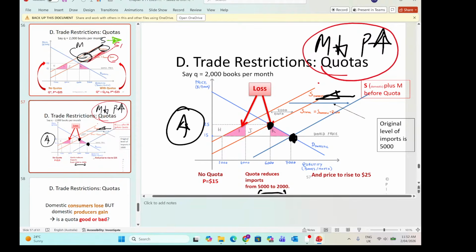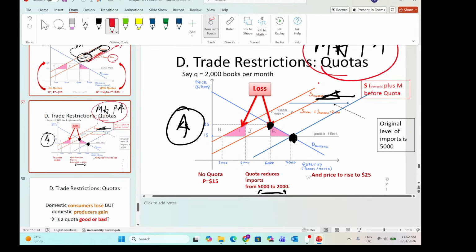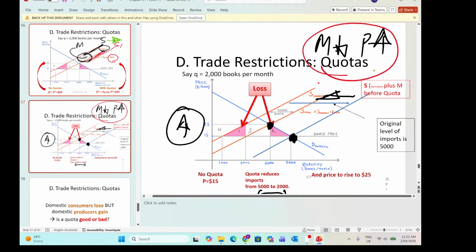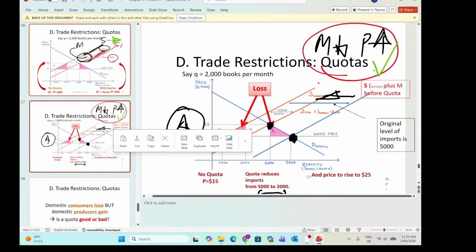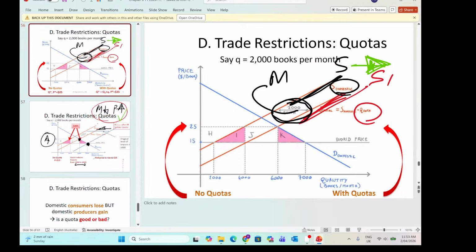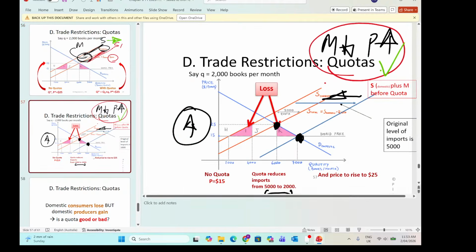The only difference with the tariff is that we're starting with an intervention on the price by pushing the tax up, but with the quota, we're starting with an intervention on the level of imports. So the price rises.